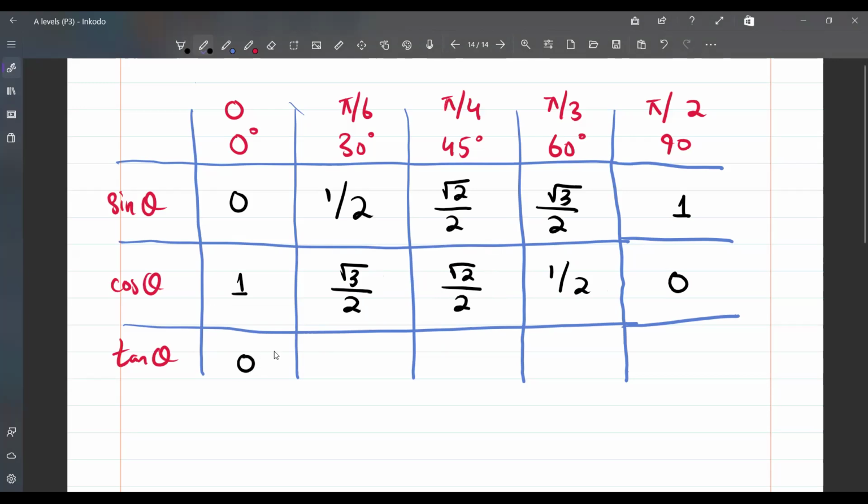Tan 0 is 0, and tan pi upon 6 is under root 3 upon 3, and tan 45 is 1, and tan 60 is under root 3, and tan 90 is infinite. So just copy this table. In fact, copy everything I write right here, like I said in earlier parts. Just copy this and learn these by heart.